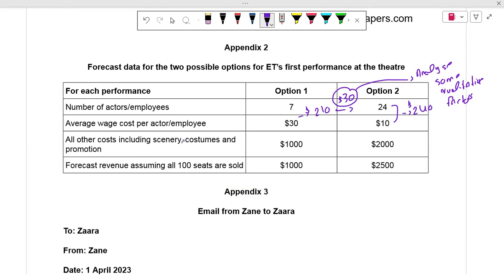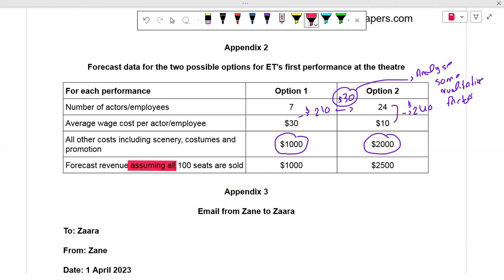All other costs including scenery, costumes, and promotions. So in option 1, we will have to bear the $1,000 cost, and in this option it is $2,000. Okay. And forecast revenue assuming all 100 seats are sold. So remember one thing, that they are assuming.